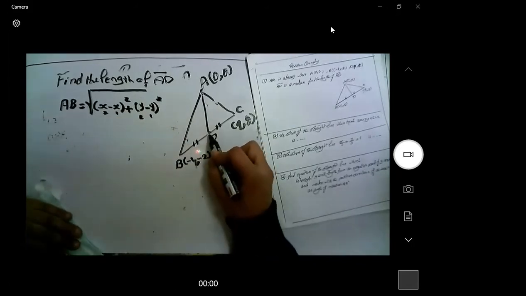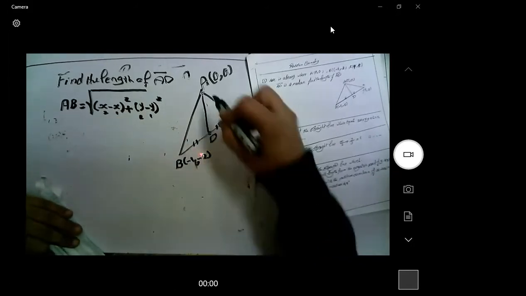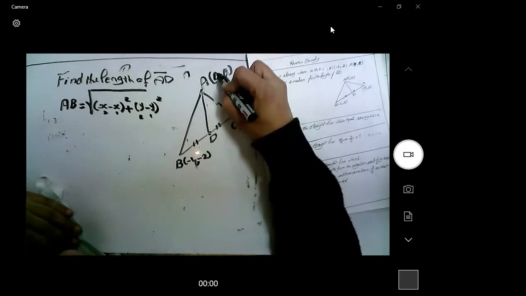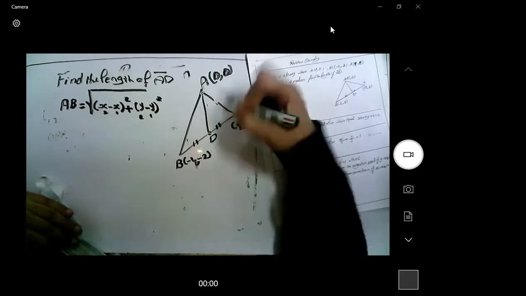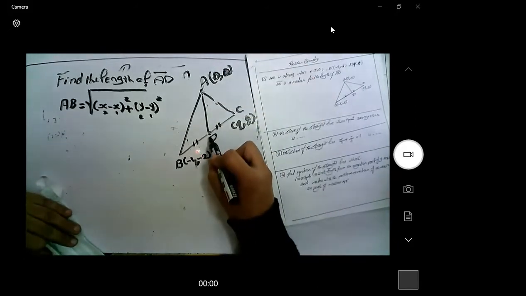So we need the point D because we have the point A only, which is the origin point 0, 0. We need to get the point D.